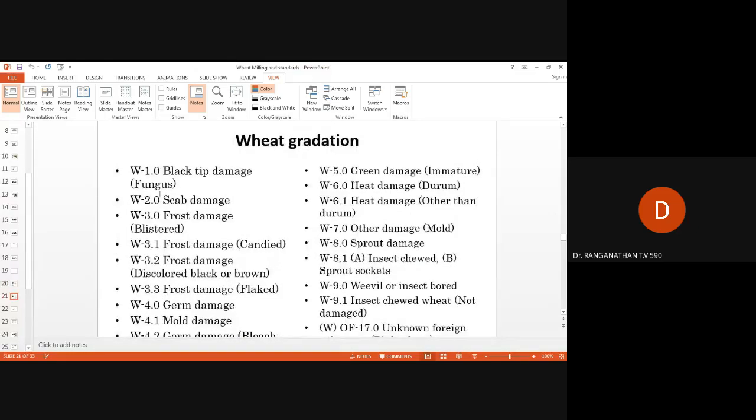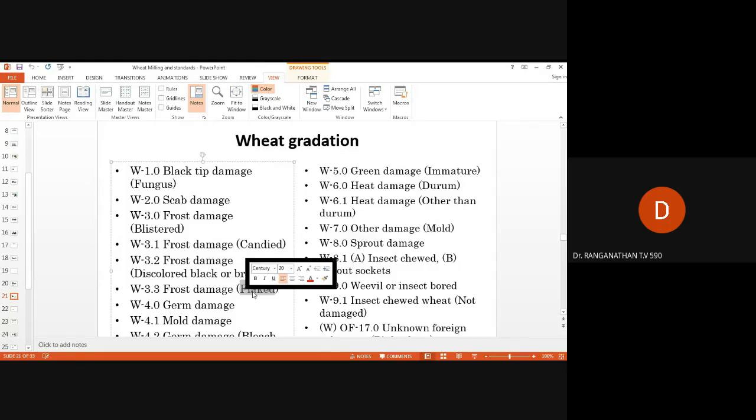Fine. So what does it mean here? This is what is done. So you have W1, W2, W3, etc. Now you see here, the damage can be because of fungus, because of scab, frost damage, as I already told you, when there is a variation in temperature. So in that again, you have various classifications. Within the frost damage, whether you have a candied one or a black or a brown one or a flake.